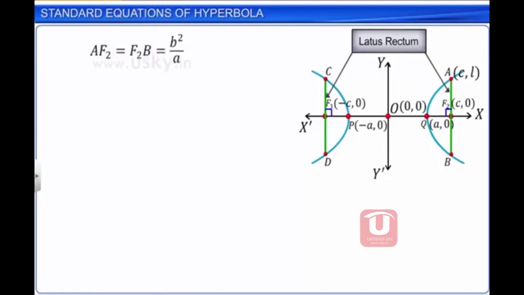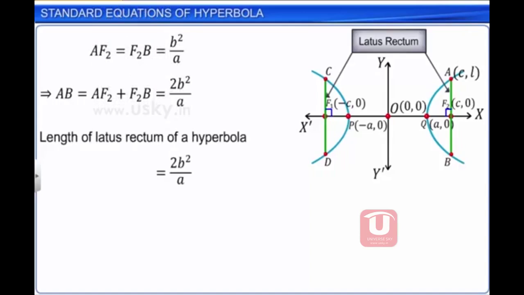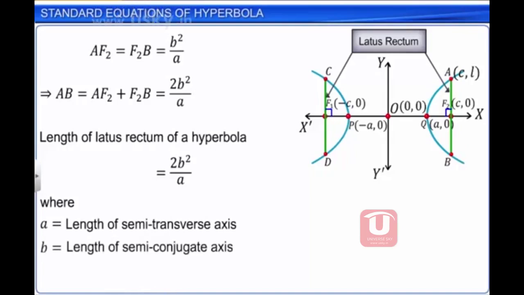Since the hyperbola is symmetrical about the x-axis, distance AF2 is equal to distance F2B. Hence, the total distance AB is equal to 2b square upon a. Distance AB is the length of the latus rectum. Thus, the latus rectum of a hyperbola with its semi-transverse axis equal to a and the semi-conjugate axis equal to b is given by 2b square upon a.